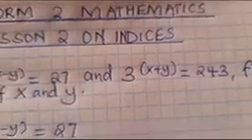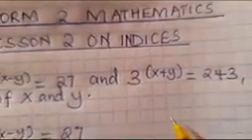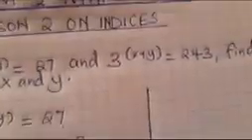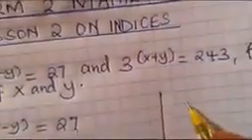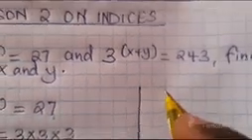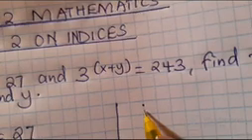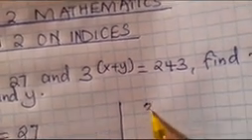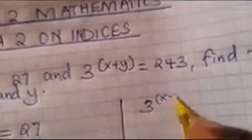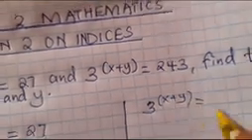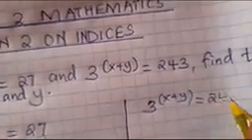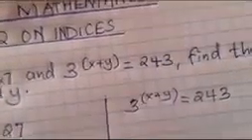We are also going to form a simultaneous equation from that equation, which says 3 power x plus y equals 243.